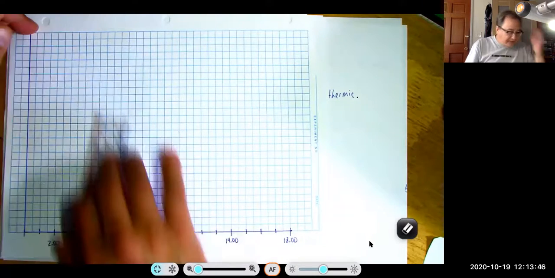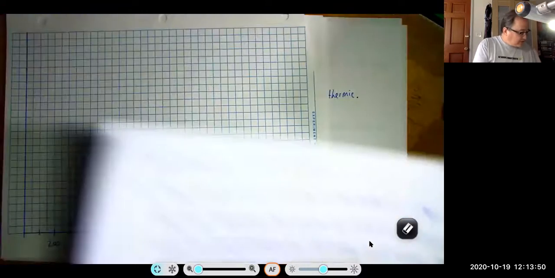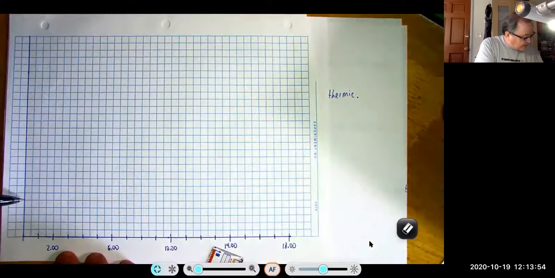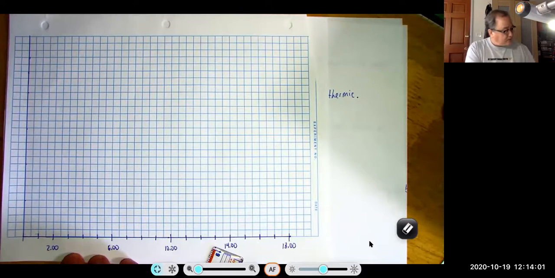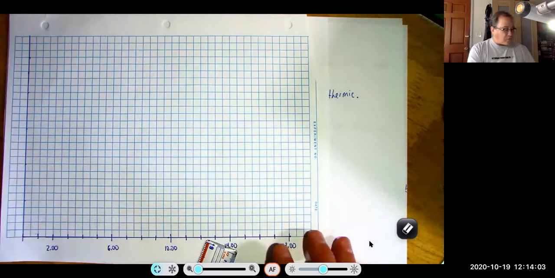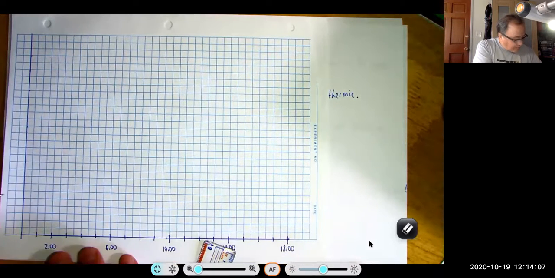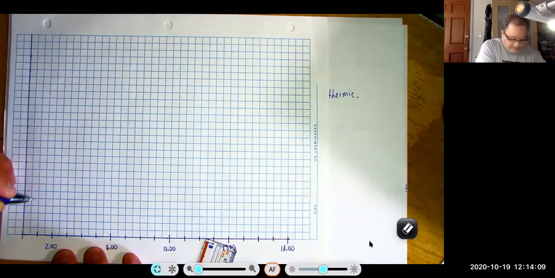And for the vertical axis, we've got to go all the way up to 0.6. So how many of these squares are there? Let's see, that's about 5, 10, 15, 20, 25. So there's about 28. 28 divided by 6 is about 5. So I think what I'm going to do is every 4 of these is going to be 0.1.